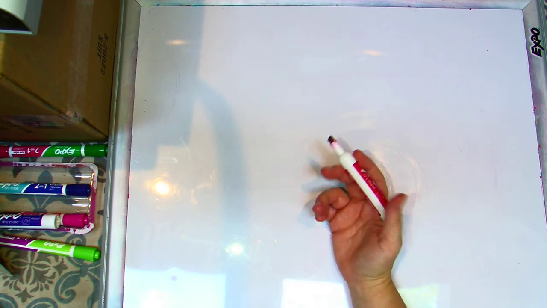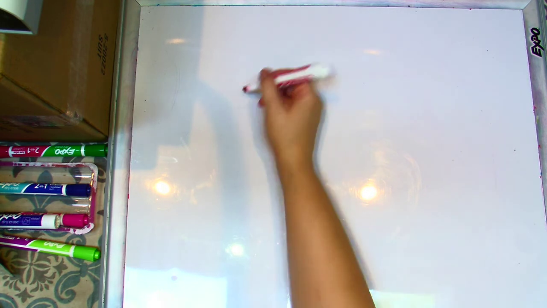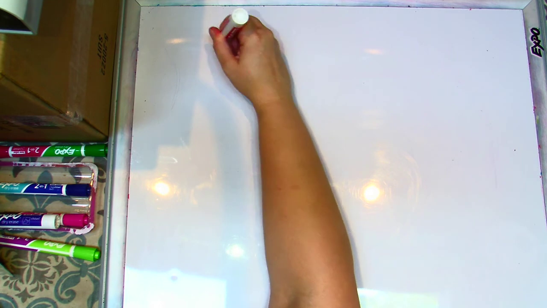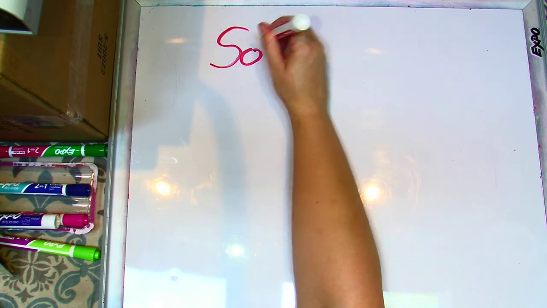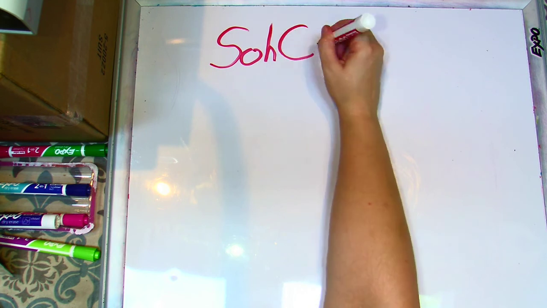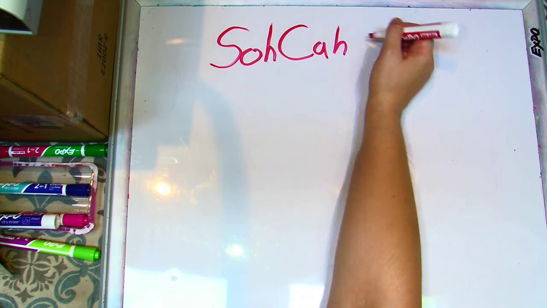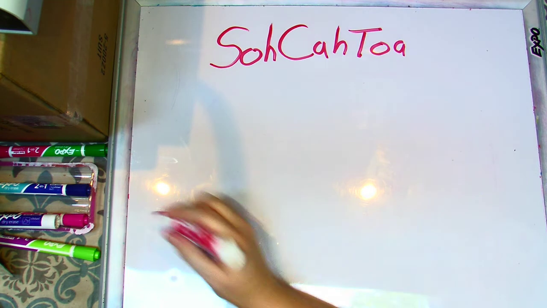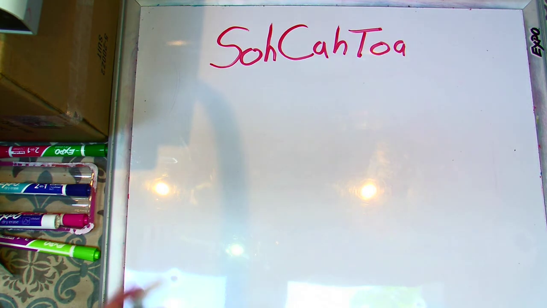Some of you, if you've taken trigonometry already, might remember something called SOHCAHTOA. So these are to help with understanding the 3 trigonometry functions related to right triangles.